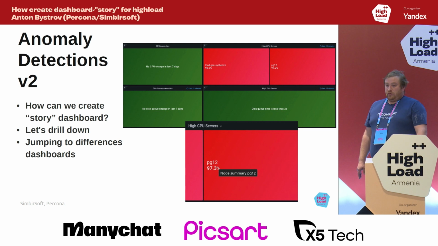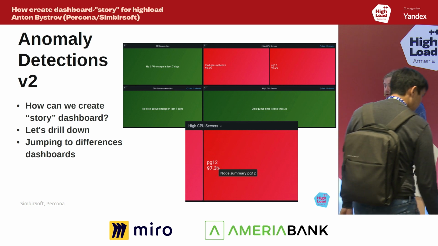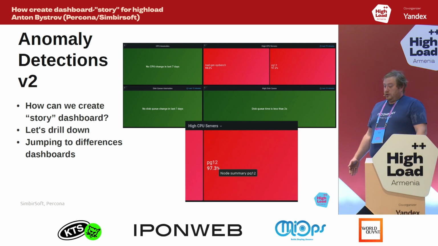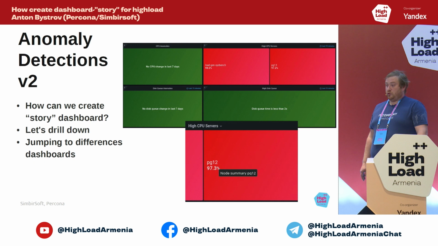As I mentioned above, why we call our dashboard a story. When you catch some issue, some error in your system, you can see the red color on the panel. And on the panel, you can see where something happened and digits about what happened. For example, you can see PG12 and 97%.